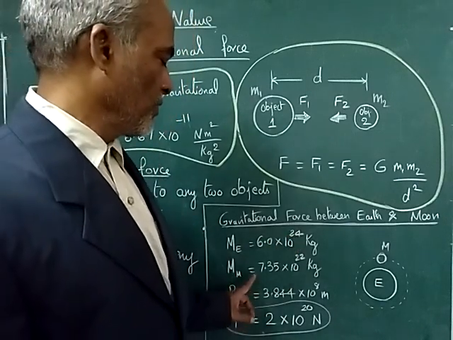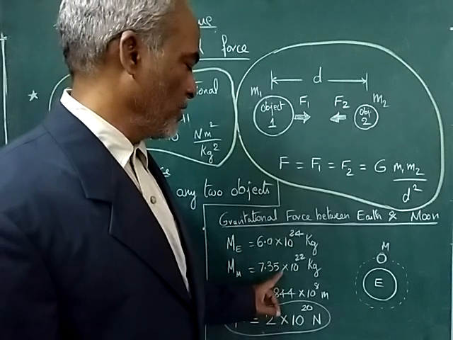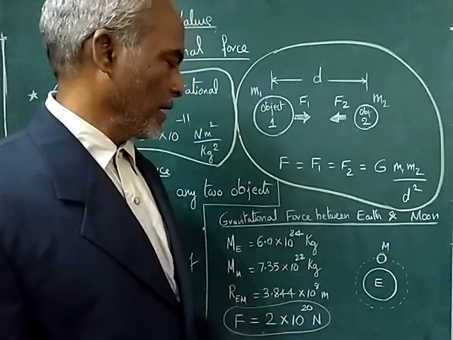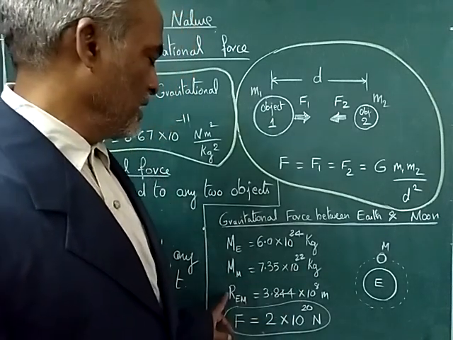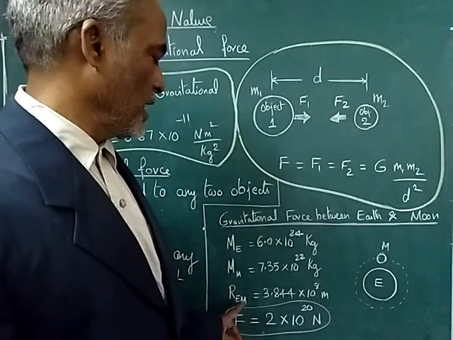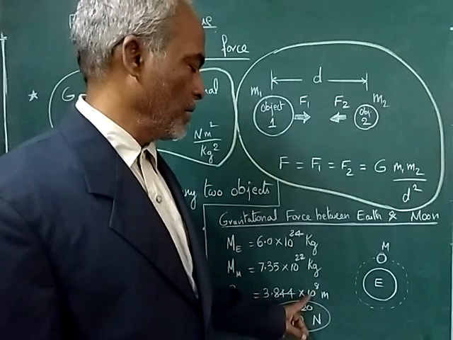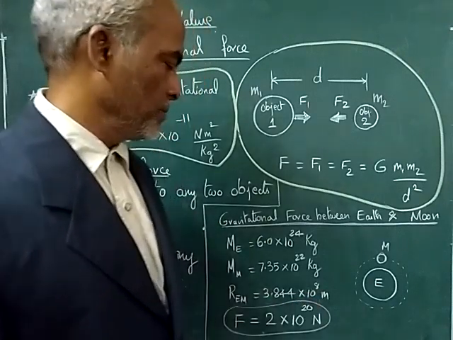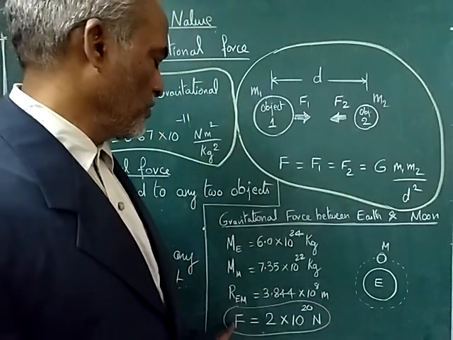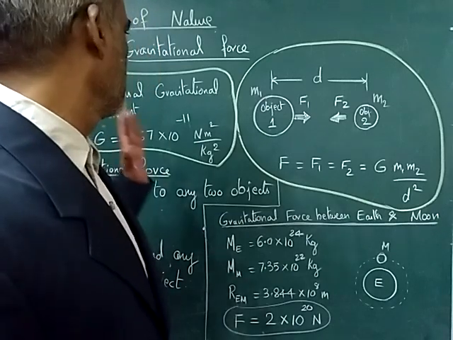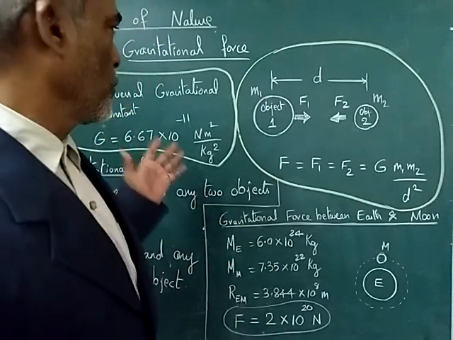The mass of the moon is 7.35 into 10 power 22 kilogram. And the distance between earth and moon is 3.844 into 10 power 8 meter. We have to find the gravitational force F.